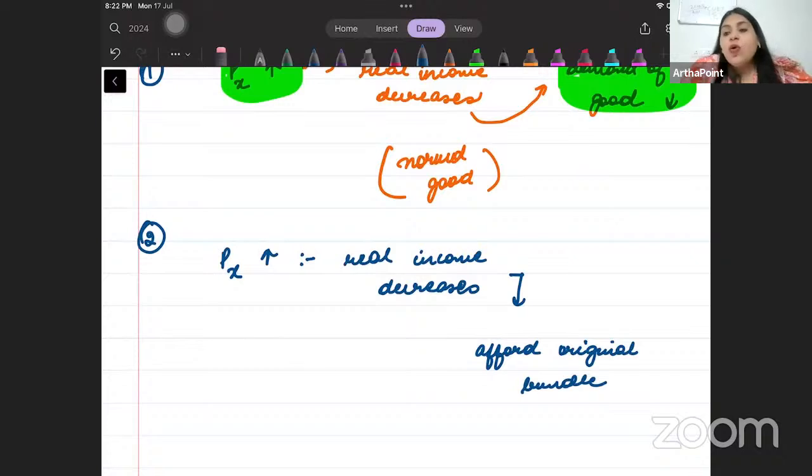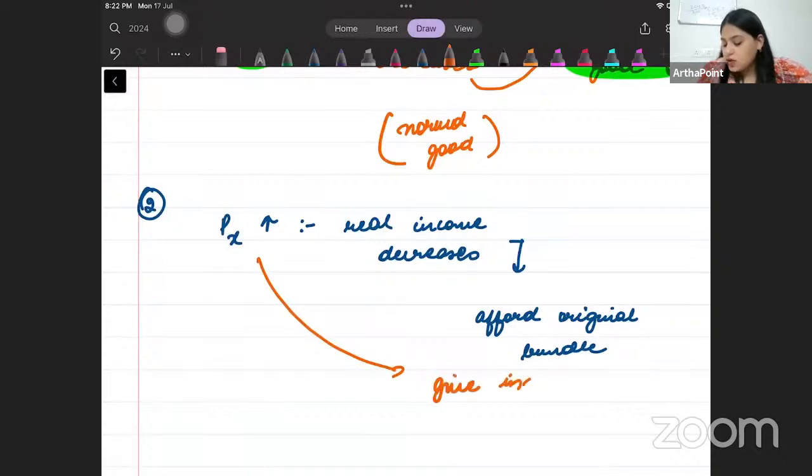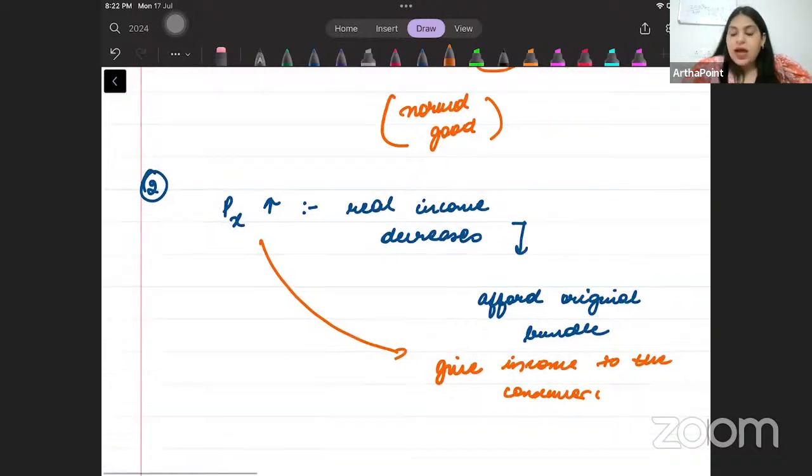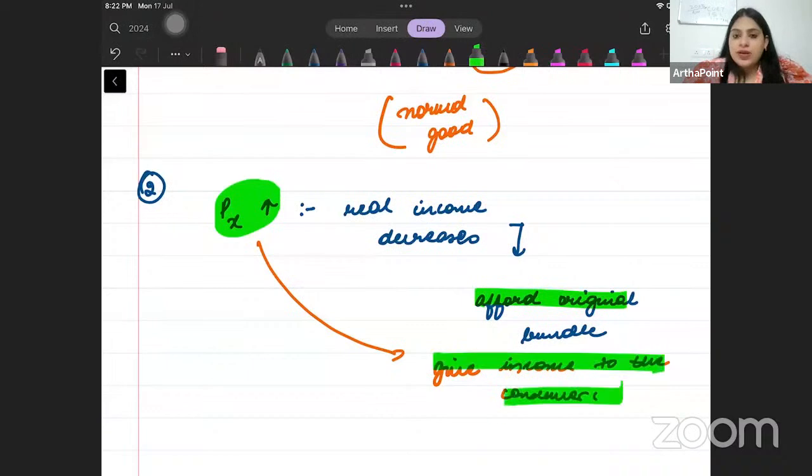So if I want to afford the original bundle, then what should I do? I should give income to the consumer. I must give some money to the consumer if he wants to make his original bundle affordable, right? So for analyzing the substitution effect, I must give some income to the consumer. When the price of the good increases, I must in a way give income to the consumer, right?